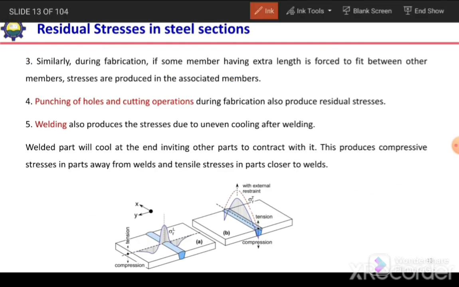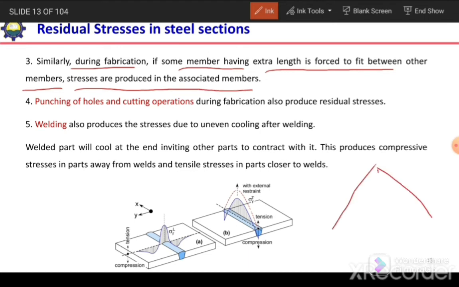Okay, the next source of residual stress is during fabrication. If some part having extra length is forced to fit between other members, stresses are produced in the associated members. For example, in case of a truss, if during fabrication this member is a little bit larger than its required length and it is forced to fit in this length, it will cause compressive stress in this member, and this member will also undergo compressive stress.